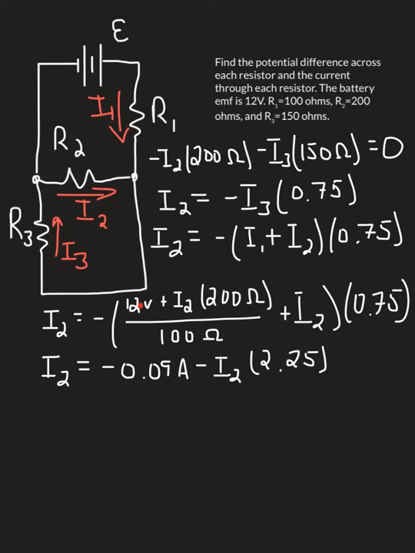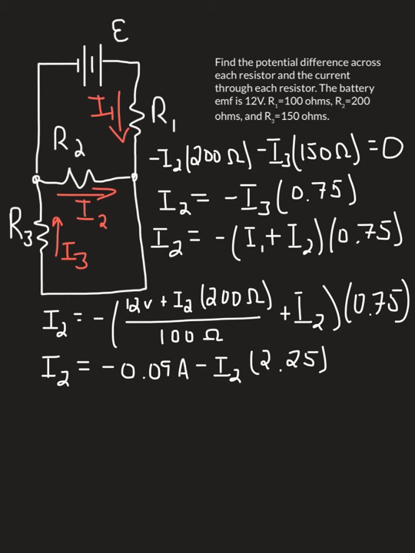The 12 volts is divided by 100 ohms and then multiplied by 0.75 to get 0.09 amps. 200 ohms divided by 100 ohms times 0.75 is added to 0.75 times I2. We factor out the I2 and get I2 times 2.25. Check these steps and make sure that you can get the same numbers.